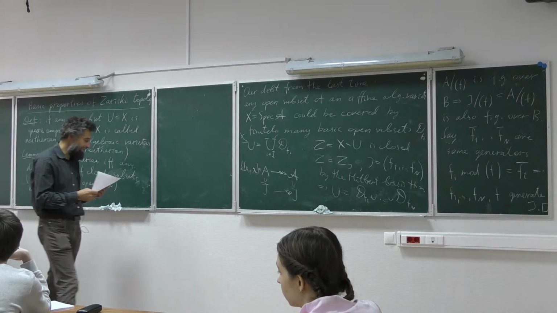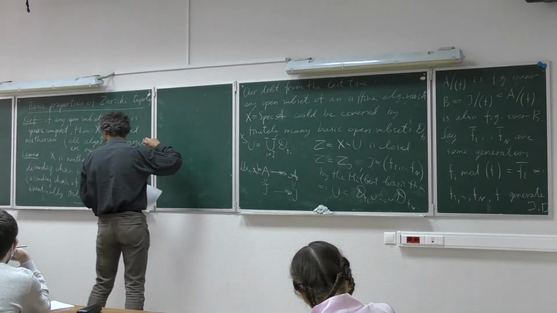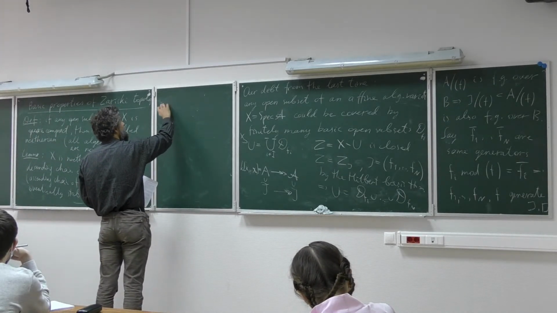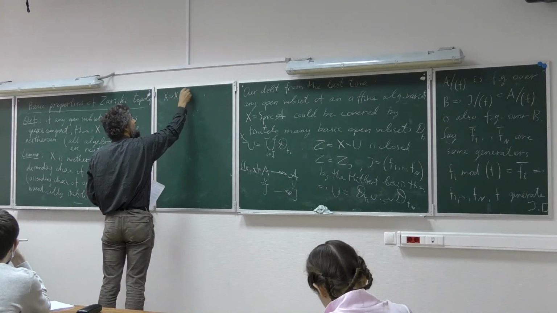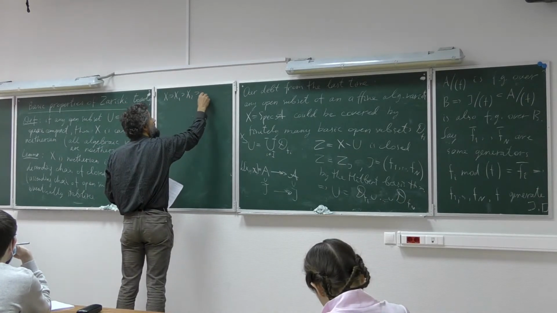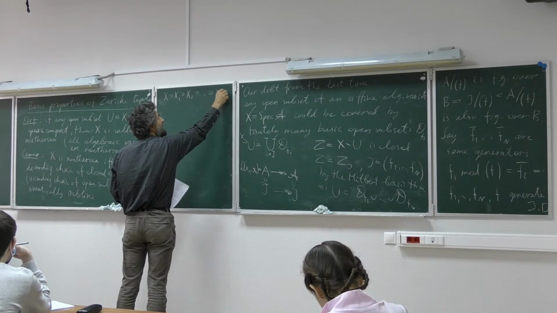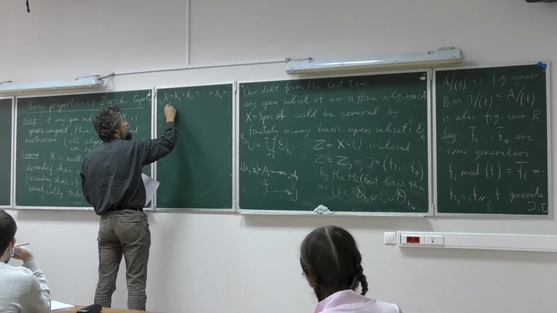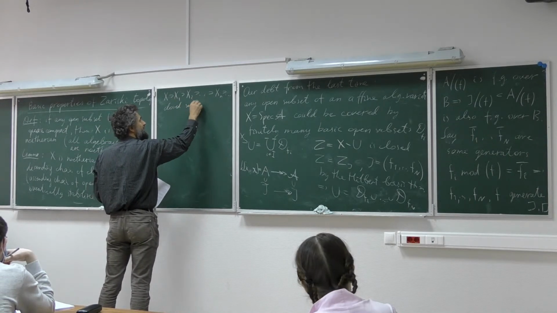Okay, so how do we argue? Let's consider such a chain, X, X1, X2, and so on, of closed subsets.